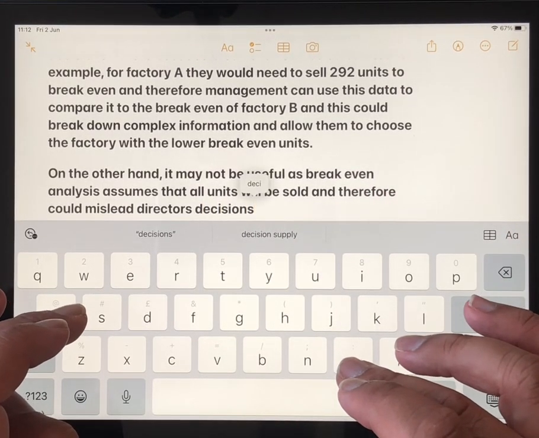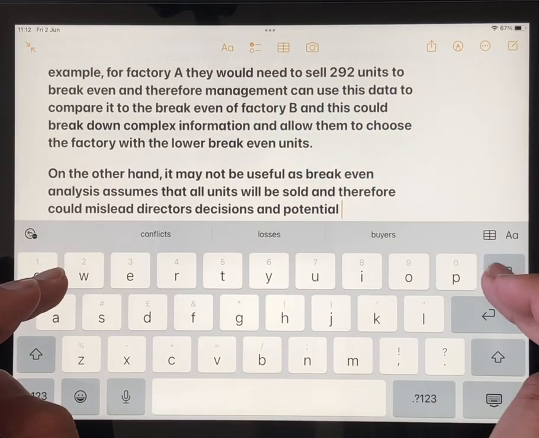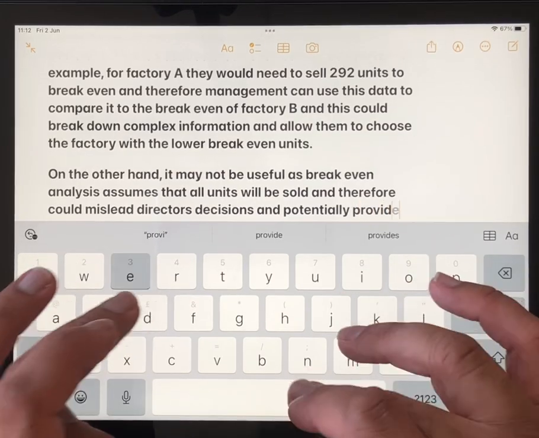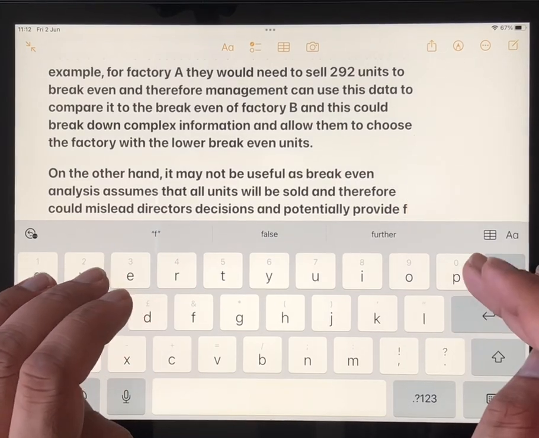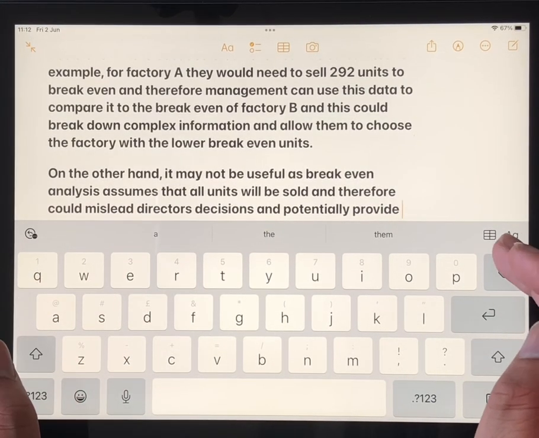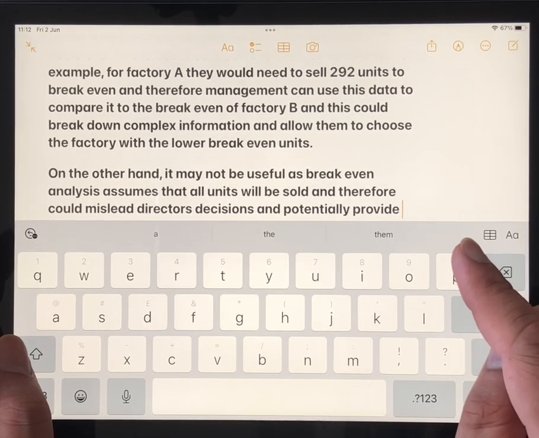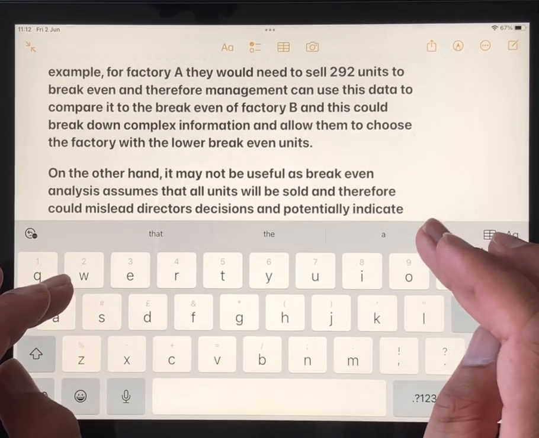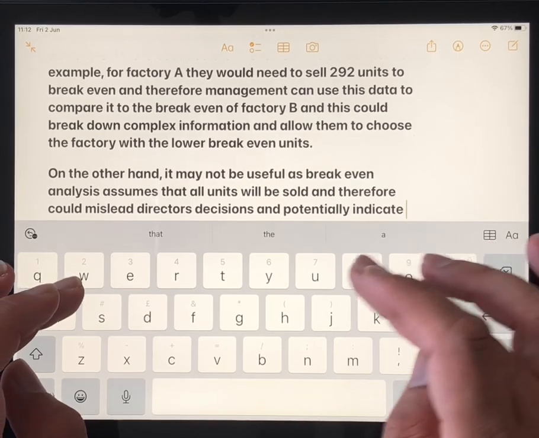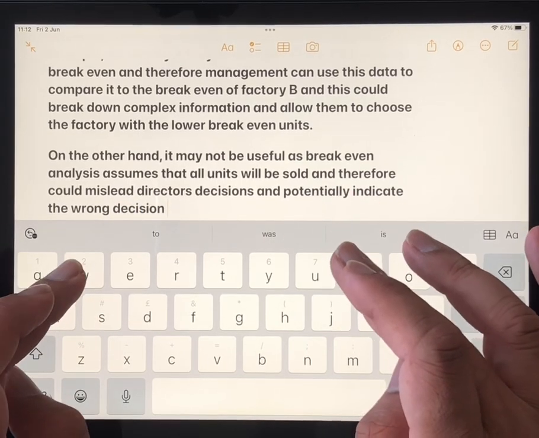Okay, and potentially provide... we could say that it assumes that all units will be sold and therefore could mislead directors' decisions and potentially indicate the wrong decision with false hope.